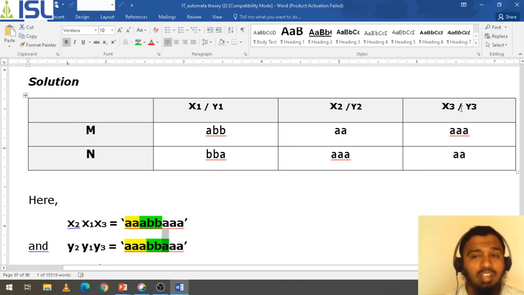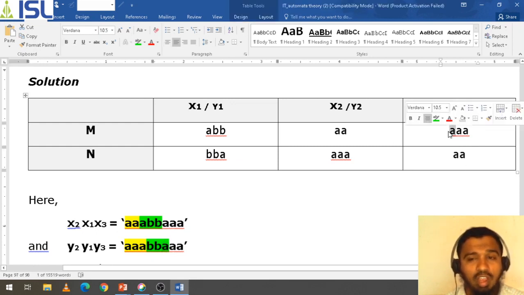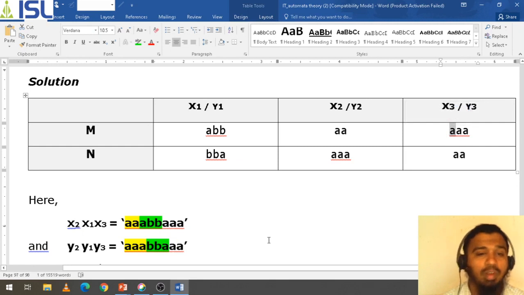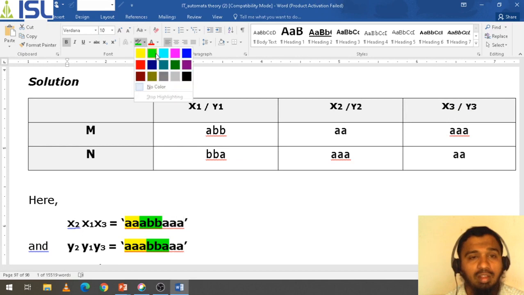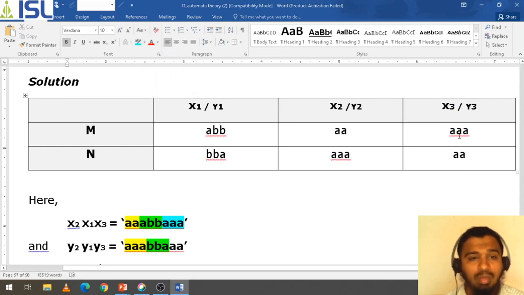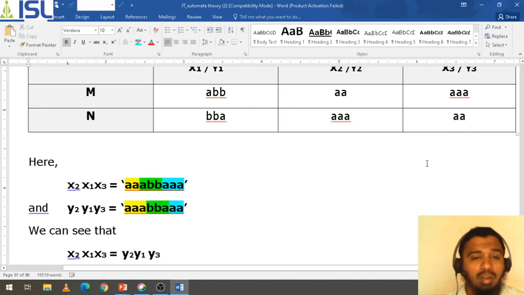and the last one is x3 and y3. Is it possible to add here? A is here and here also is A. Yes, that is a possibility. So in the last step, it will take from M, and this is taking from N. Okay, I got X and Y. Now the top and the bottom are equal, so now we need to stop.